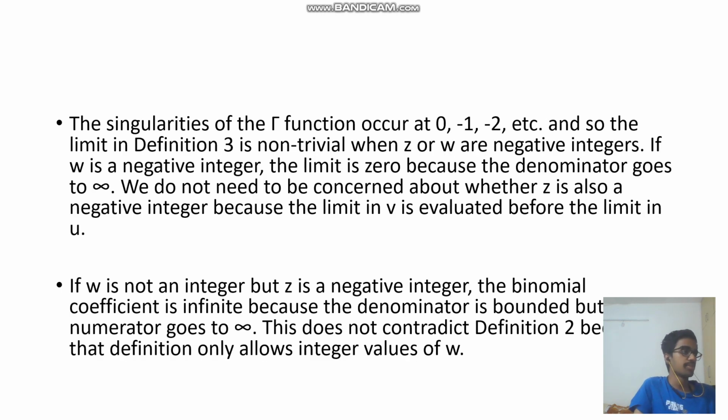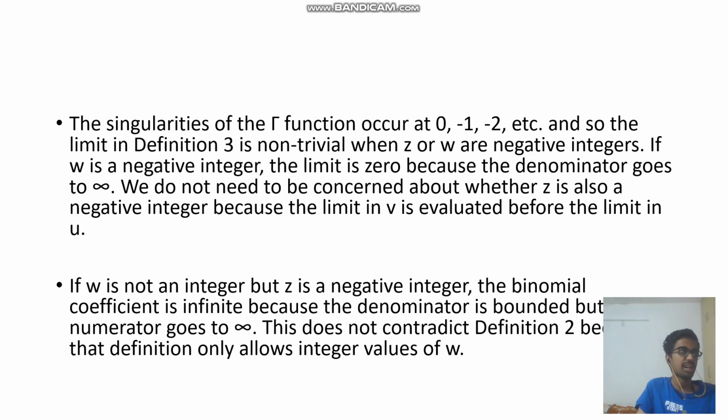The singularities of the gamma function occur at 0, -1, -2, etc. And so the limit in definition 3 is non-trivial when z or w are negative integers. If w is a negative integer, the limit is 0 because the denominator goes to infinity.